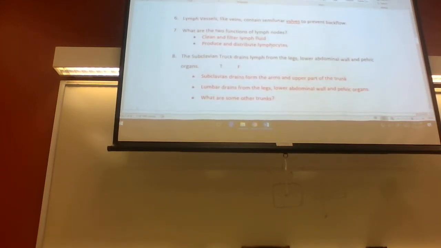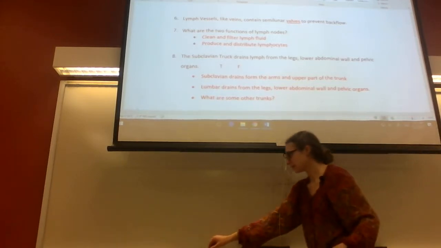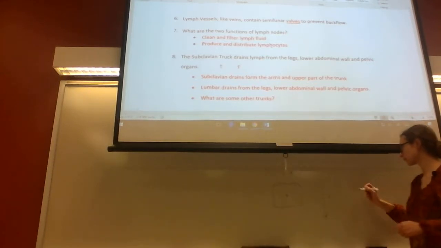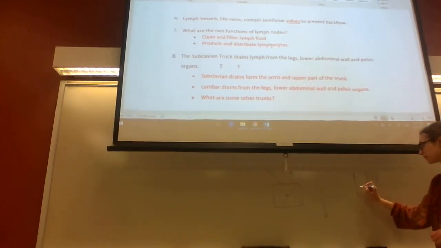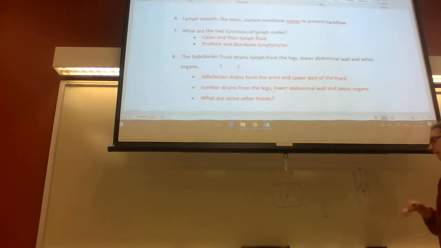Lymph vessels, like veins, contain semilunar valves to prevent backflow. When we went over veins, we talked about valves to help transport blood up.